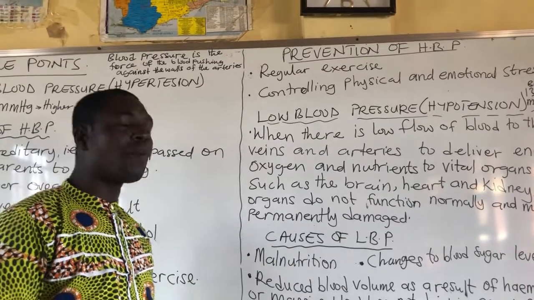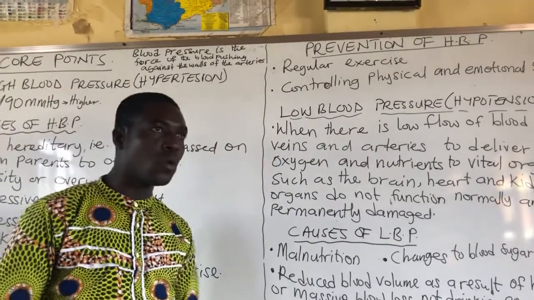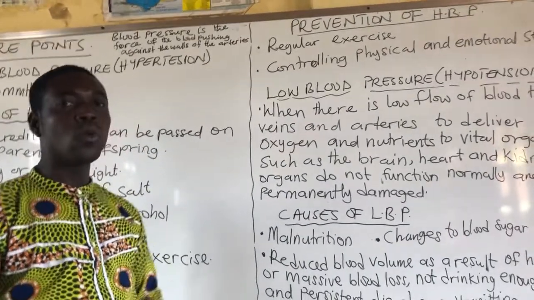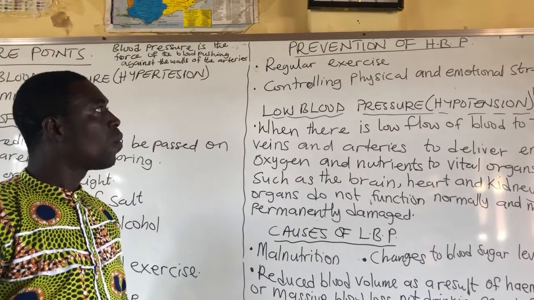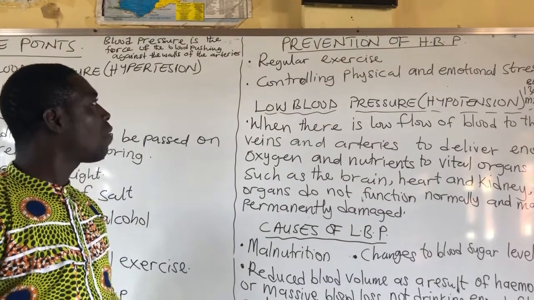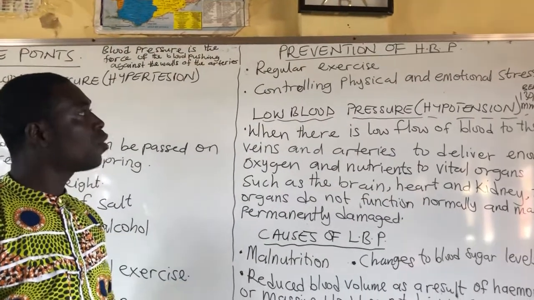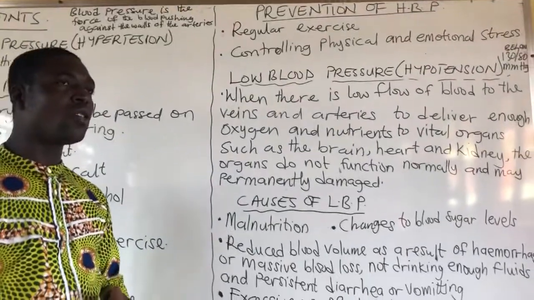I know as human beings, there are certain things that whether you like it or not, you go through. But it's up to you to exercise some form of control over your emotional stress. It's not everything that you should follow.